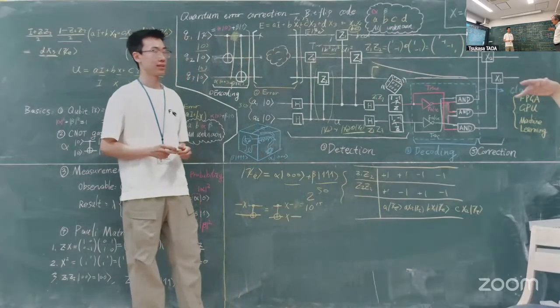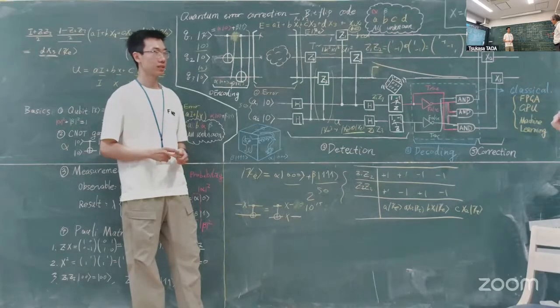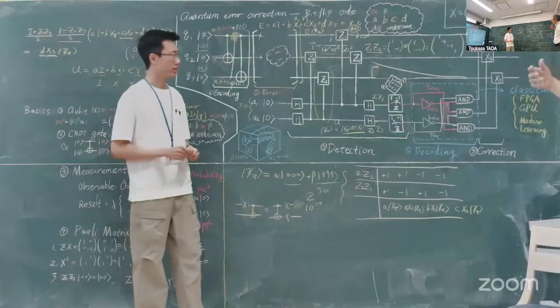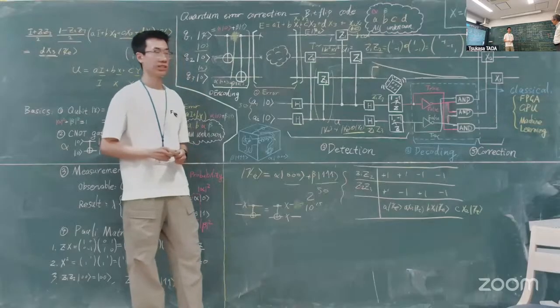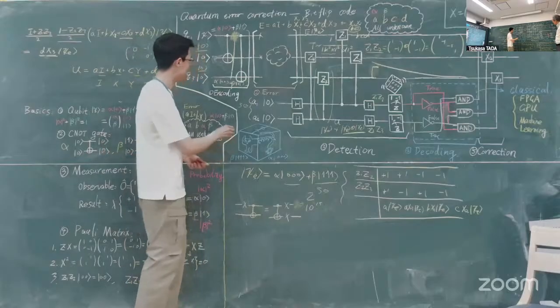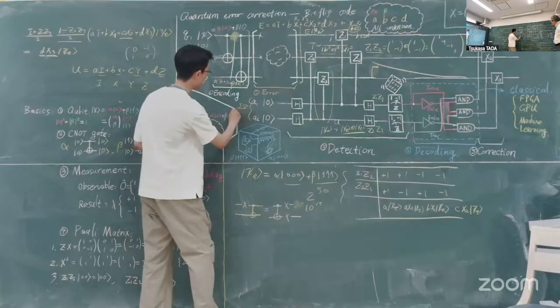So in order to realize, for example, 100 logical qubits, how many physical qubits are necessary, and where do you need the classical decoding part, and what kind of scaling, for example, using the state-of-the-art surface code.